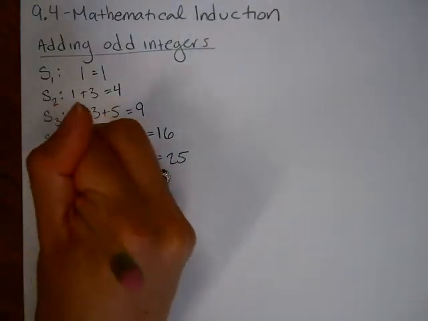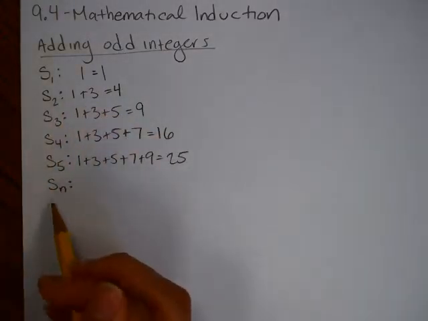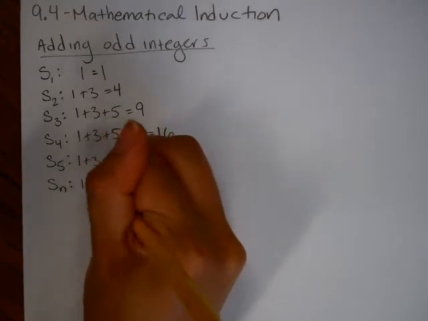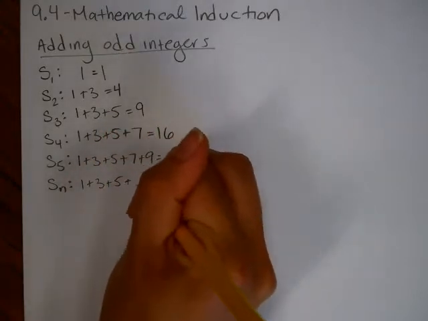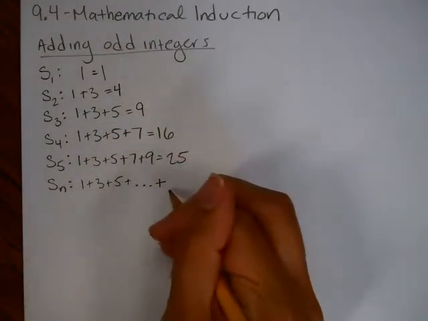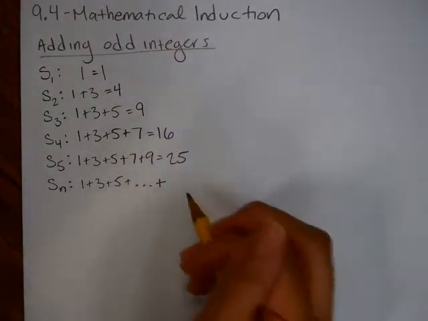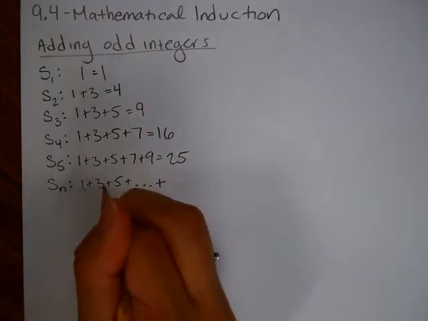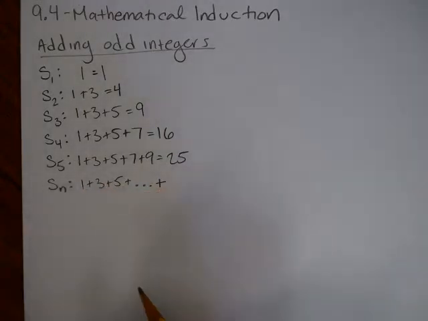S sub n. So if we add up the first n odd integers, it would start with 1 plus 3 plus 5 plus, going to continue. What is the formula for this sequence we're creating? Well, let's see. You're adding 2 each time, so there's a common difference, meaning it's an arithmetic series.